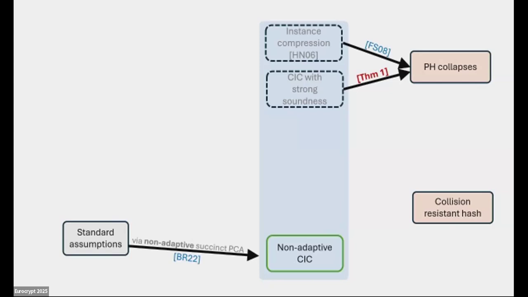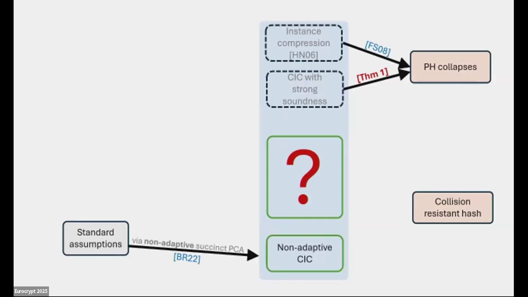In fact, on the way they went through another object called succinct PCA, the non-adaptive version of this object, and using it achieved non-adaptive CAC. And the big question is, do we have something here in the middle that will both be enough for constructing collision-resistant hash functions and exist under standard assumptions?